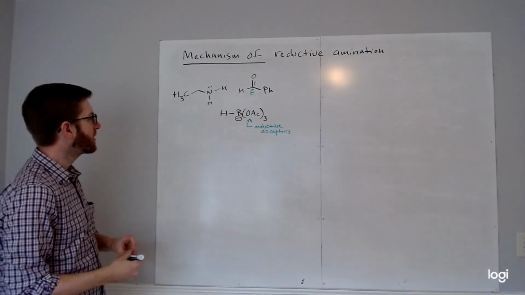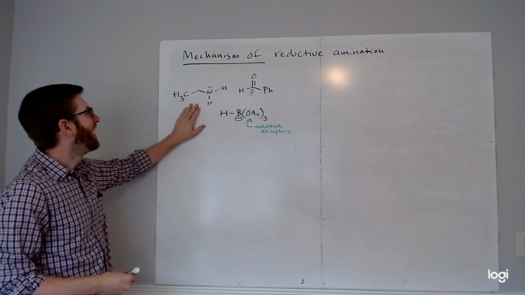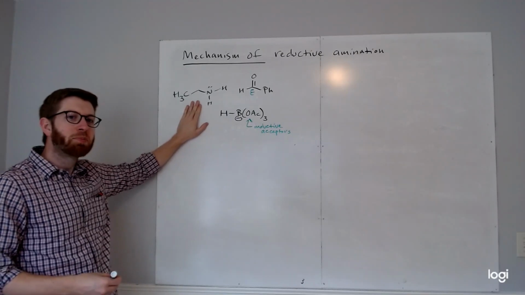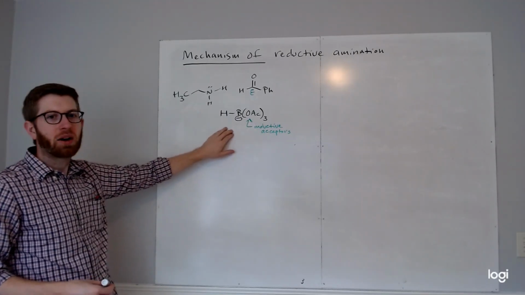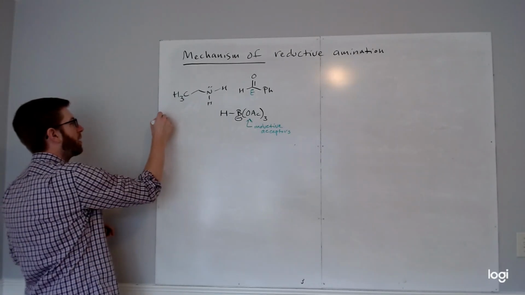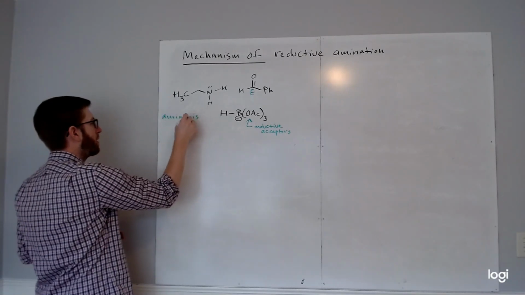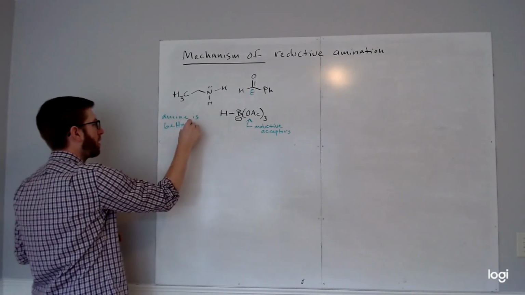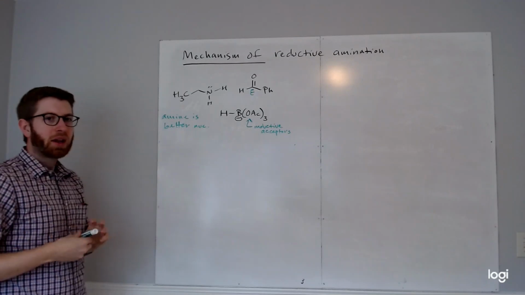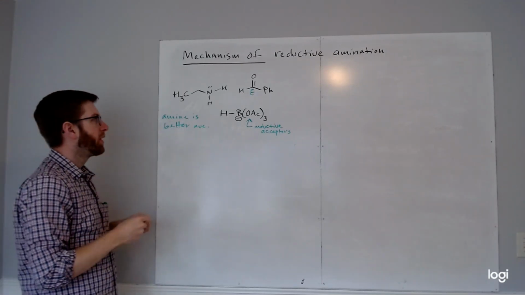And what that means is that the amine is going to be a much better nucleophile than our BH bond. So amine is our better nuke. And that allows us to make a prediction about what will happen first.